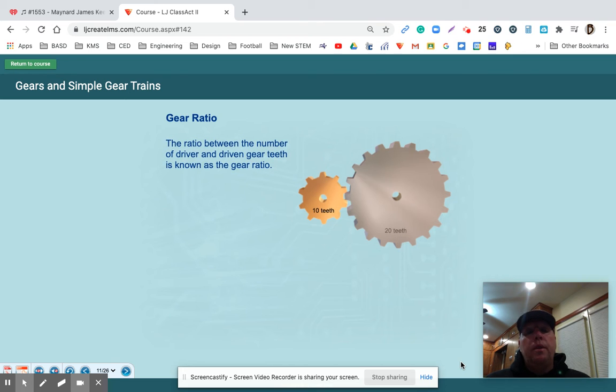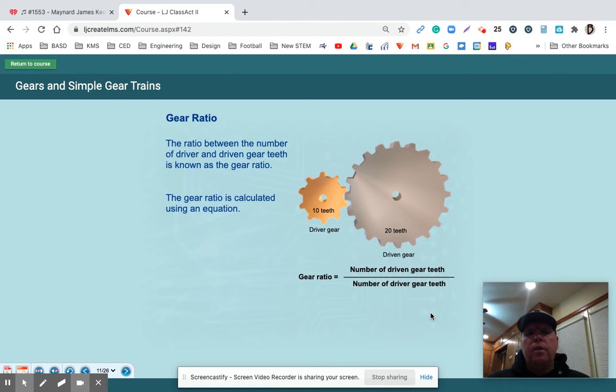The ratio between the number of driver and driven teeth is known as the gear ratio. The gear ratio is calculated using an equation. Gear ratio is equal to the number of driven gear teeth over the number of driver gear teeth. Okay, so number of driven, 20 over 10.